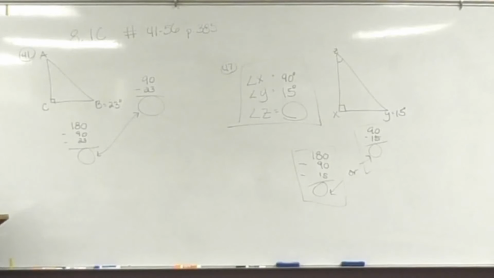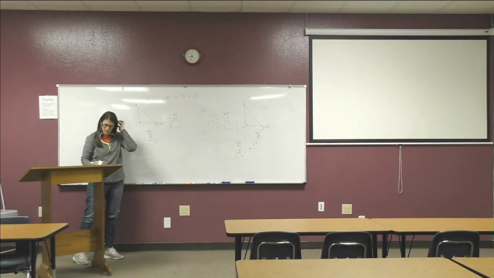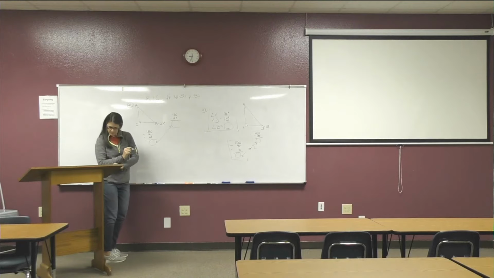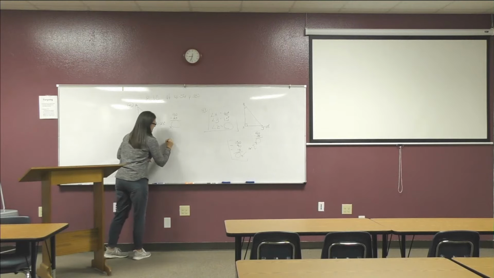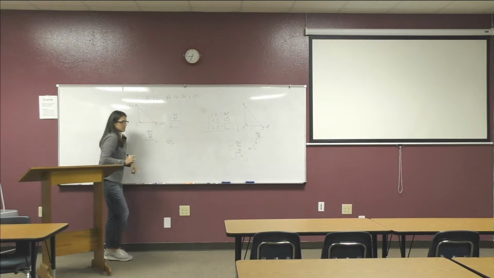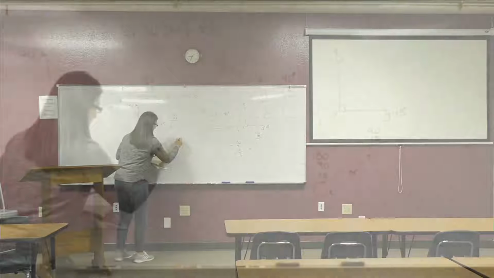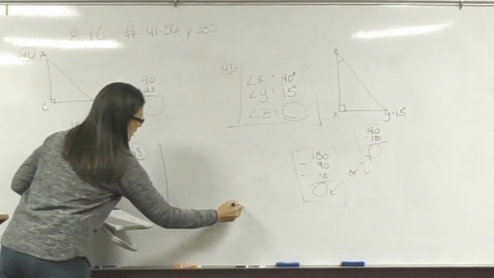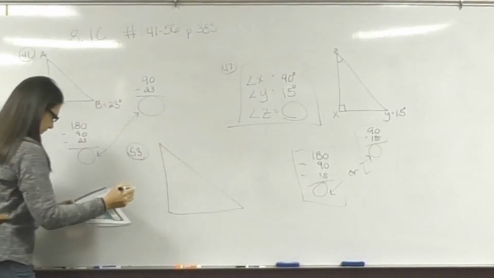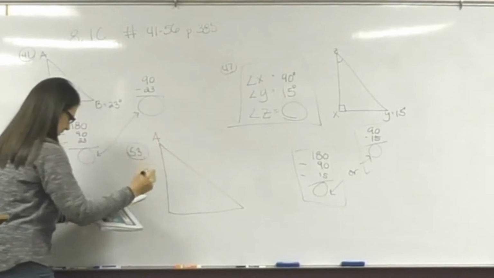And the last section you're going to do is, let's see, 53. You're going to have to draw the triangle. Your problem looks like this.